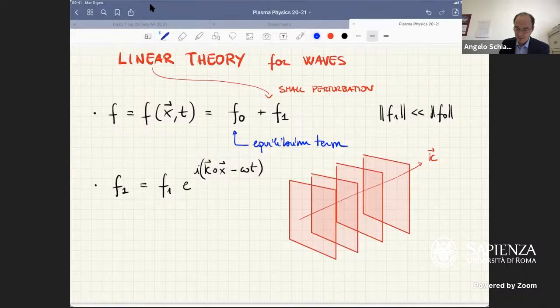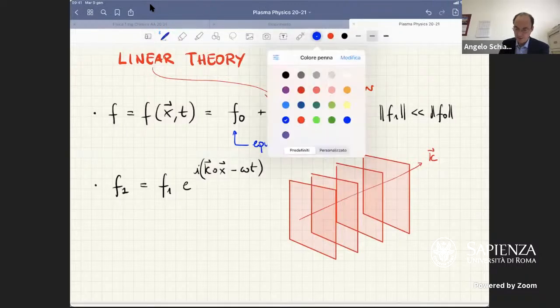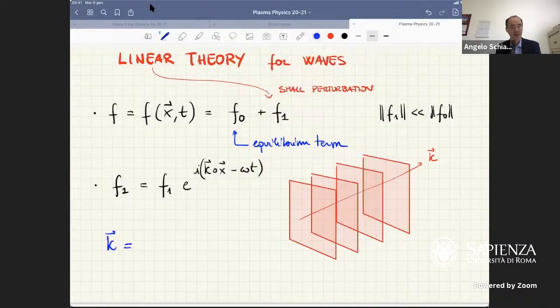And so now we have that the k vector is carrying two important pieces of information. One is the distance between two equal phase planes, which is the wavelength, and it's called the wave number. And the other one is the direction, which is the direction in which the wave is propagating in 3D space.